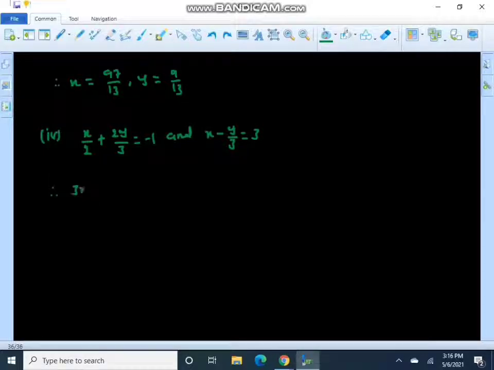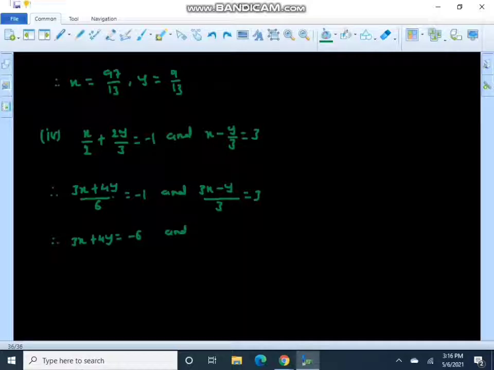So we have 3x plus 2 2s are 4y upon 3 2s are 6 is equal to minus 1, and 3x minus y upon 3 is equal to 3. Therefore 3x plus 4y is equal to minus 6, and 3x minus y is equal to 3 3s are 9.